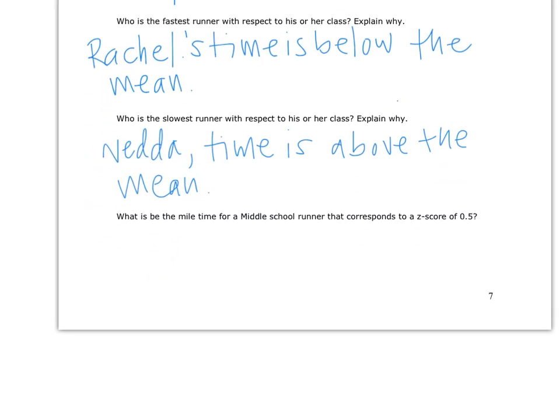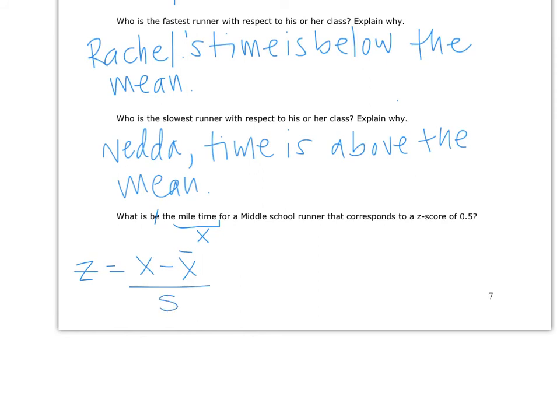Okay, so let's look at another thing that we can do with z-scores. What is the mile time for a middle school runner that corresponds to a z-score of 0.5? What we're asking for is a mile time, and remember, that's what x is standing for. Those data values were mile times, so we're looking for x. Our formula includes an x and a z.